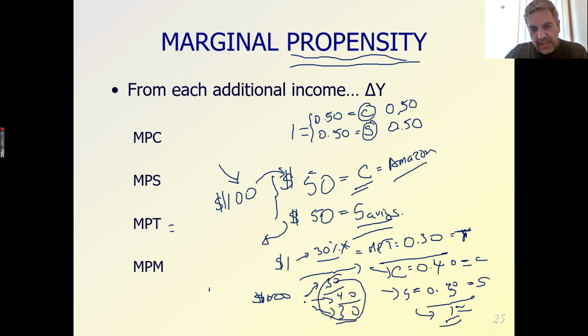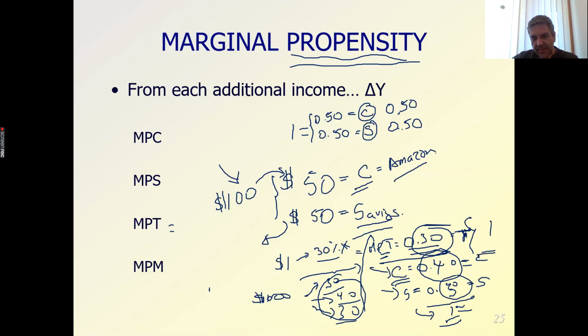So all of these should add up to the 100. So going back to the concept of marginal propensity, the marginal propensity to pay taxes has already been set by the government, 0.3. The marginal propensity to consume, 0.4. And the marginal propensity to save, 0.3. That will be the unit at the end.